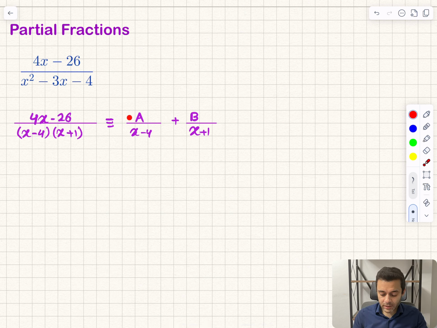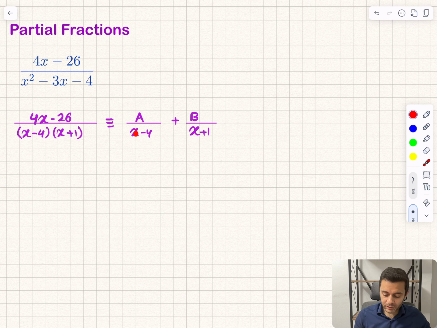Now, how do we find the constants a and b? It's all about finding a and b. So to find a and b, first we'll add these two fractions up as if we know a and b. How would you add these two fractions if they have different denominators? Of course, first you make their denominators equal.